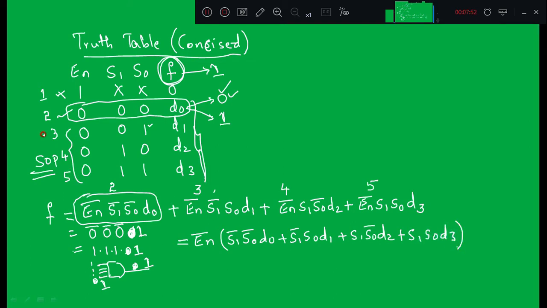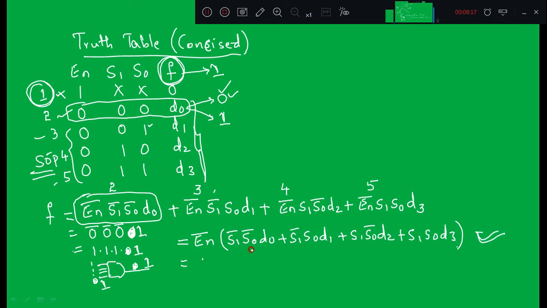So I wrote all 4 terms for these 4 rows, and I need to verify whether it satisfies the first row or not. So when enable is equal to 1, just substitute enable equal to 1, because S1 and S0 are don't care terms. You don't bother about S1 and S0, you just substitute enable equal to 1 in this final expression.